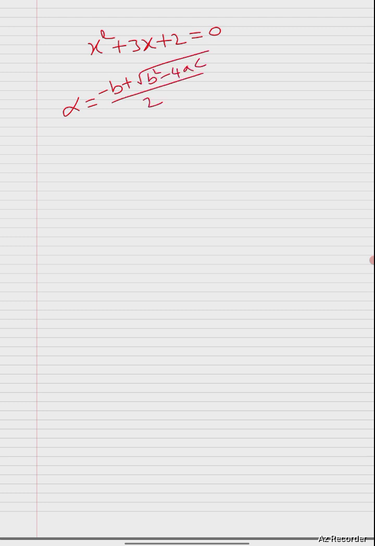Let us take one example, which is x square plus 3x plus 2. Okay. Now let us find the roots of this equation. The first root is alpha equal to minus b plus root over b square minus 4ac, upon 2a. So here the coefficient of x square is 1, which I can take as a.